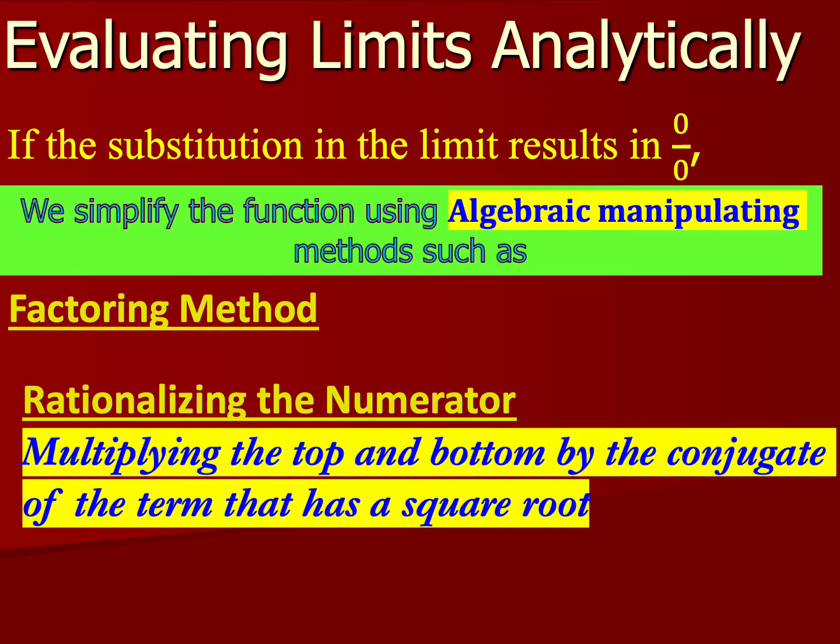Rationalizing means multiplying both the top and the bottom by the conjugate. We will see the meaning of the conjugate, but rationalizing is recommended when the limit has a square root.